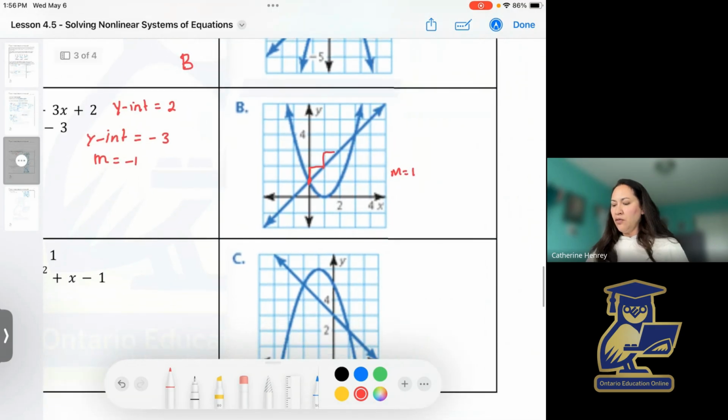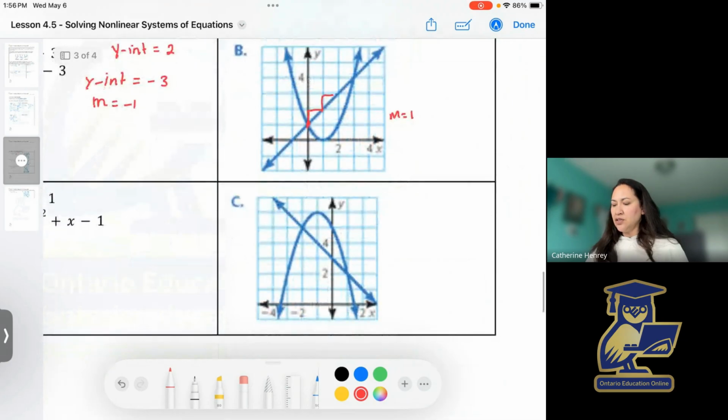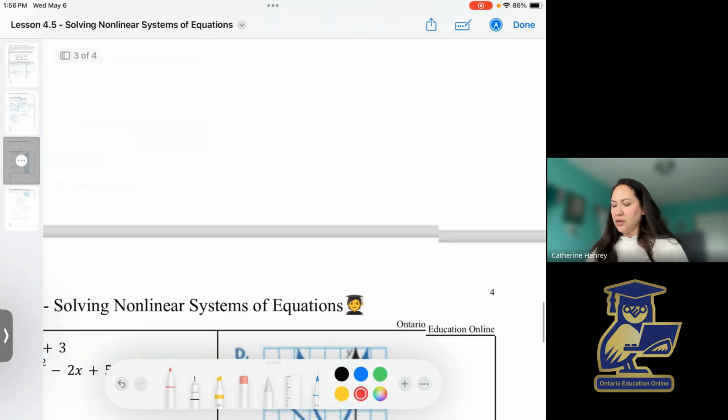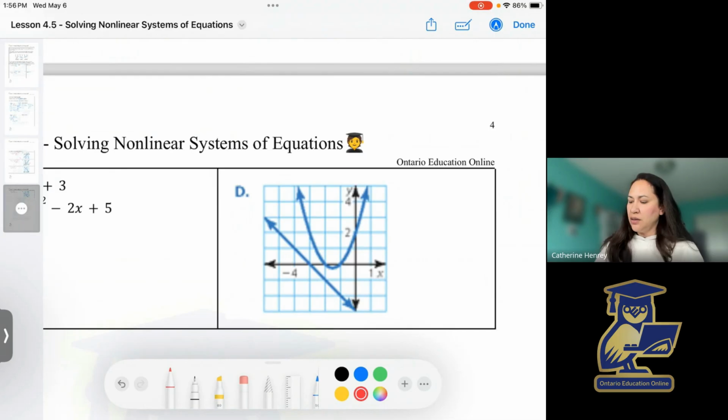We are looking for a parabola that crosses the y-axis at 2. So C does not. There's the graph on the other side. So here we do have a parabola that crosses the y-axis at 2. And we do have a linear function that crosses the y-axis at -3.